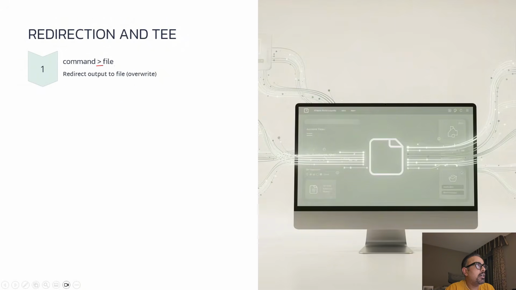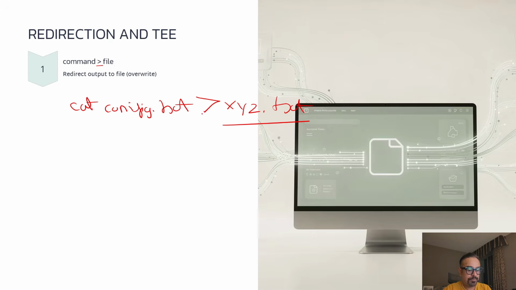Suppose I run this command, the output of cat config.txt, it is going to give the output. Now I am redirecting this to a new file, which does not exist, xyz.txt. If it does not exist, it is going to create this new file.